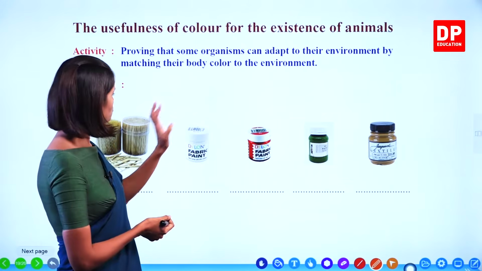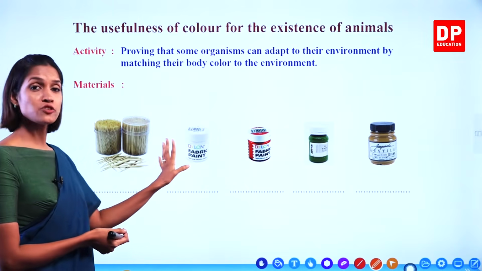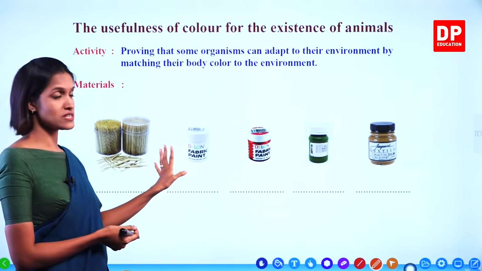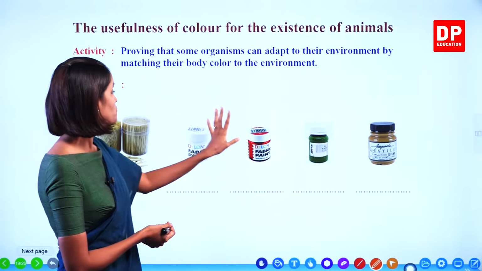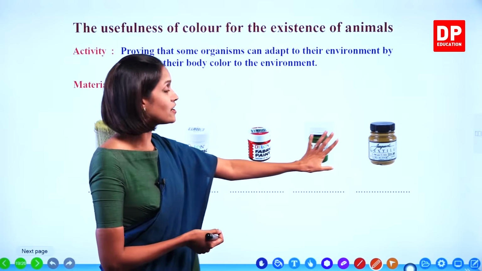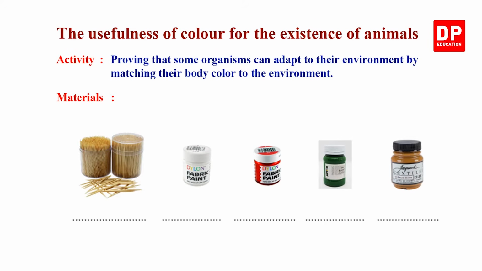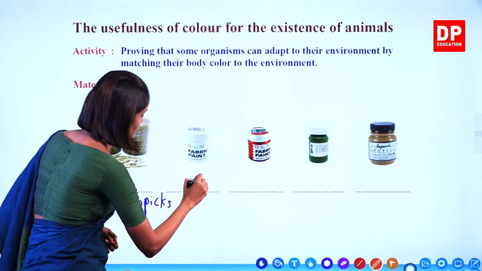Okay, how to do this activity? What are the things we need? We need some toothpicks. Actually, we need 100 toothpicks to do this activity. And we need 4 different types of color: white, red, green and brown color. Okay, we will write. We need 100 toothpicks. And we need white color.